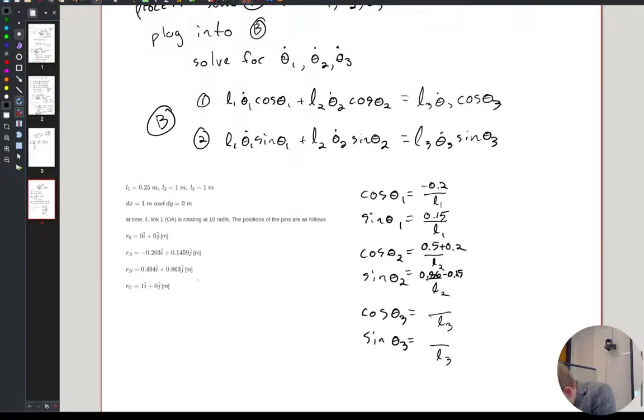And then theta 3 was B to C, so we had cosine of 0.5 minus 1, and then 0.86 minus 0. Speed run through the process of where we ended up last time.